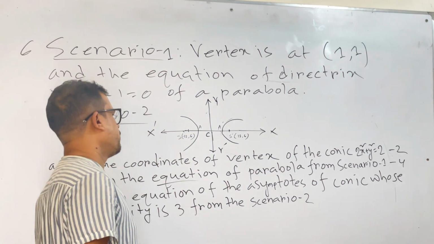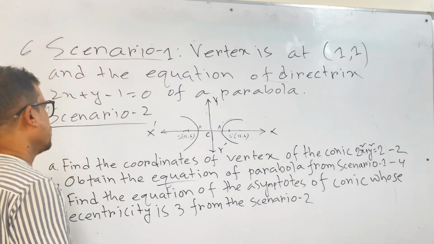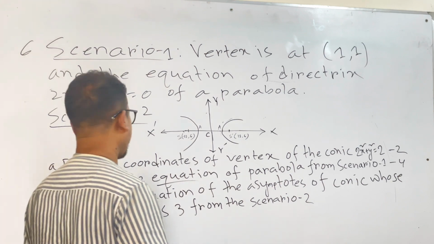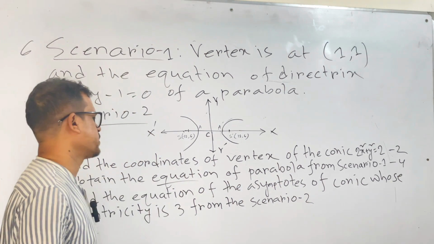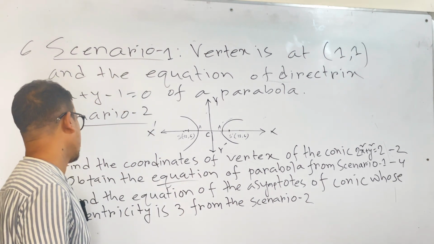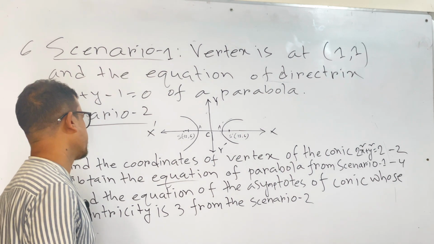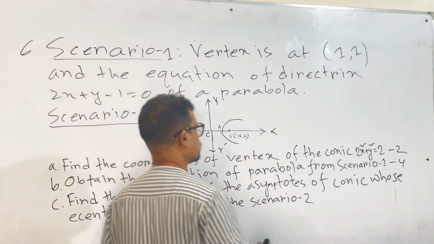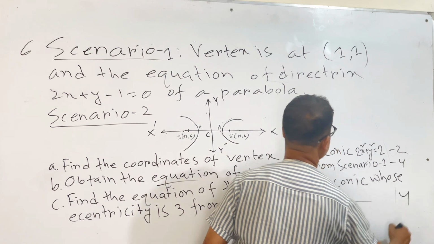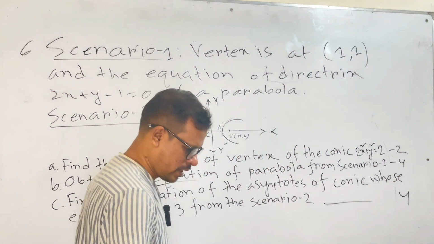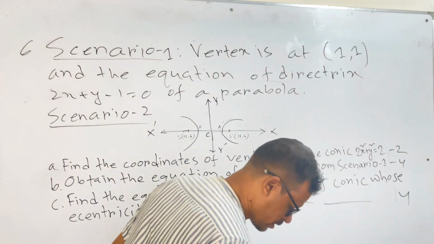Obtain the equation of the parabola from scenario 1, which is mark 4, and find the equation of the asymptotes of the conic whose eccentricity is 3 from scenario 2, which is mark 4. Okay, total 3 numbers. And now question number 7.